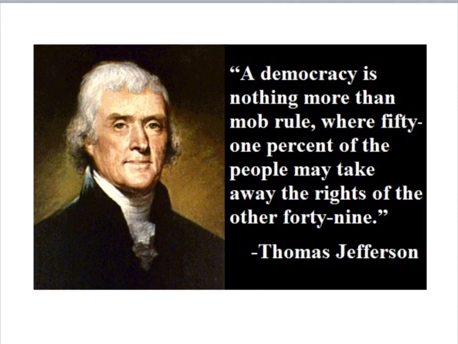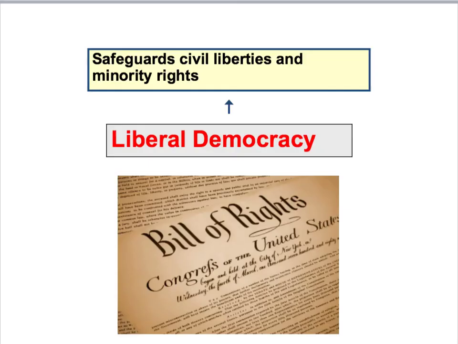of the majority. And therefore, to safeguard the rights of minority groups and to protect people's civil liberties, things like the right to free speech and the right to protest, modern Western democracies often have safeguards to protect these liberties. And we use the term liberal democracy to describe an indirect or representative democracy that has adequate safeguards for minority groups and civil liberties.